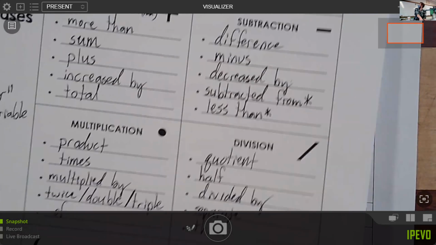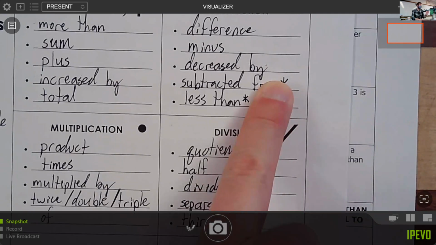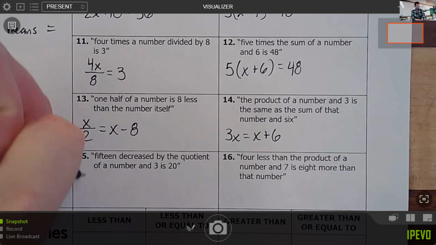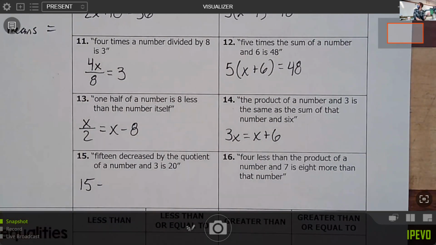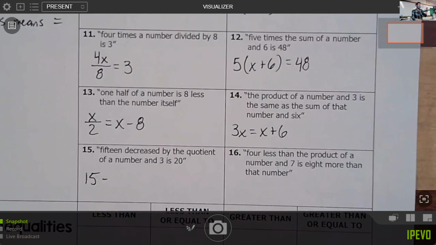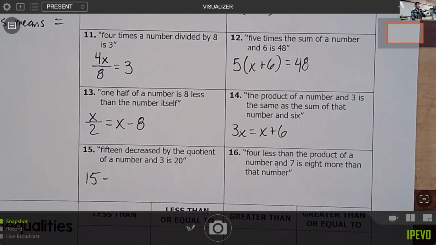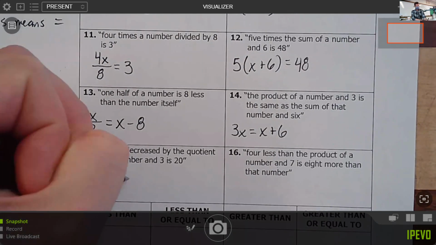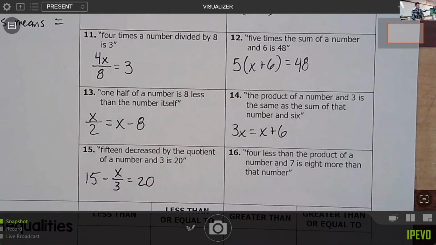So if we look up here, decreased by does not have an asterisk because it is not a turnaround phrase. So we're going to start with 15. So 15 minus the quotient of a number and 3. Quotient is division. The quotient of a number and 3, x divided by 3, equals 20.